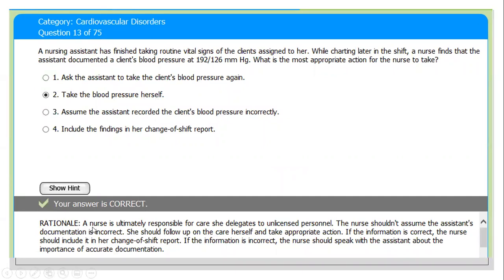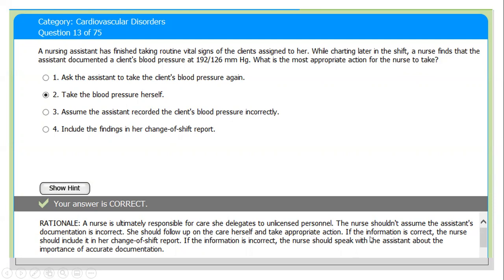The rationale says the nurse is ultimately responsible for care she delegates to unlicensed personnel. The nurse should not assume the assistant's documentation is incorrect, and she should follow up on the care herself and take appropriate action.